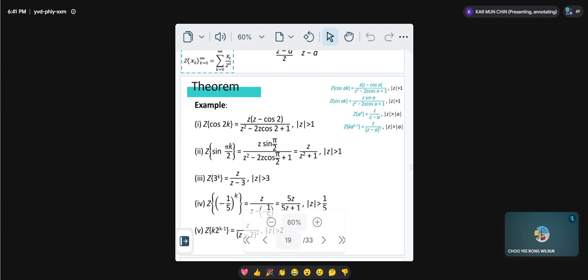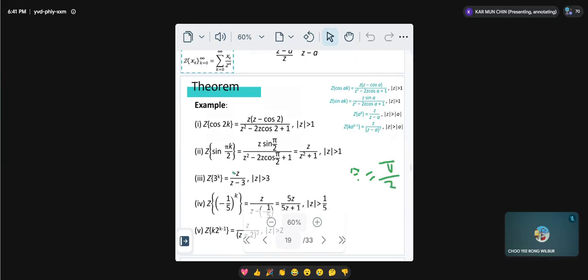For sine, the A is pi over 2. You just write out A equals pi over 2.